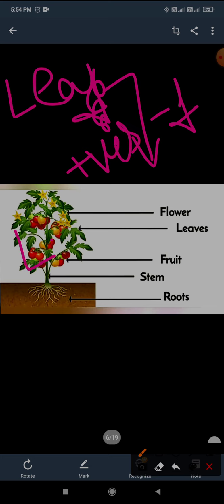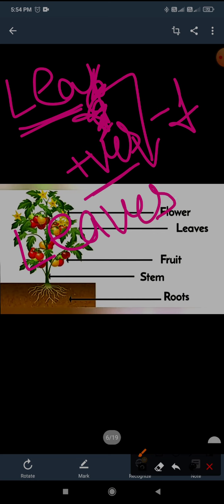So what you will get? LEA. Now remove the F and add VES. So for two or more leaves, what do we use? Leaves. And what is the spelling? LEAVES. Children, I am explaining each and everything.